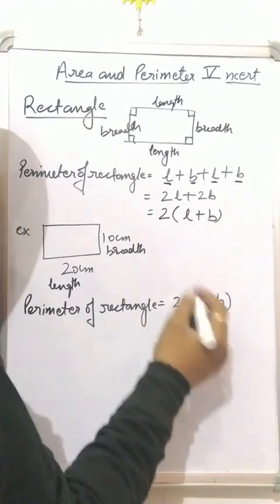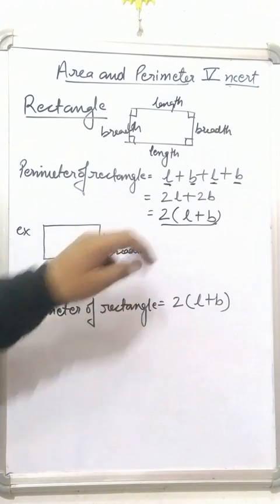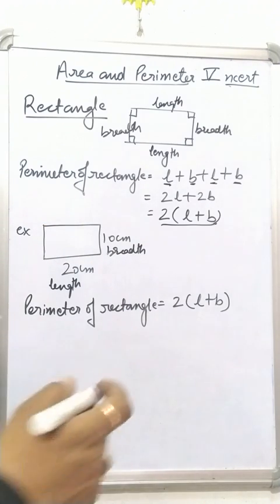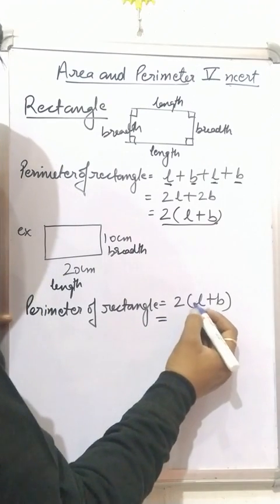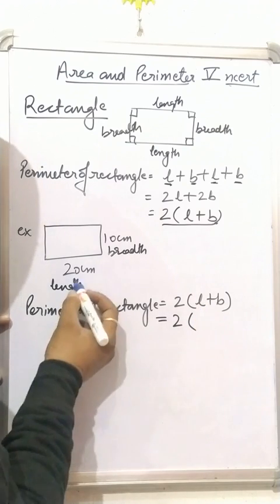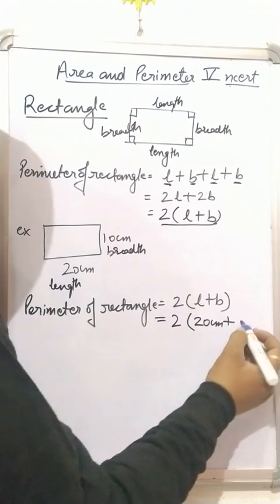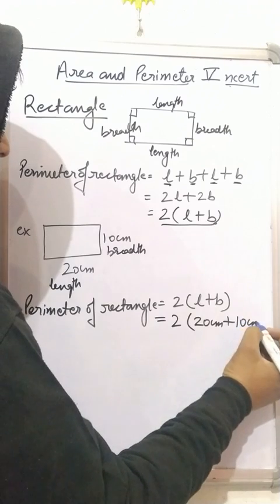L plus B, as we studied in the formula above, perimeter of rectangle is 2 bracket L plus B. So you have to write here also 2 bracket L plus B. L represents length. Length is given to you 20 centimeter, and breadth is given to you 10 centimeter.